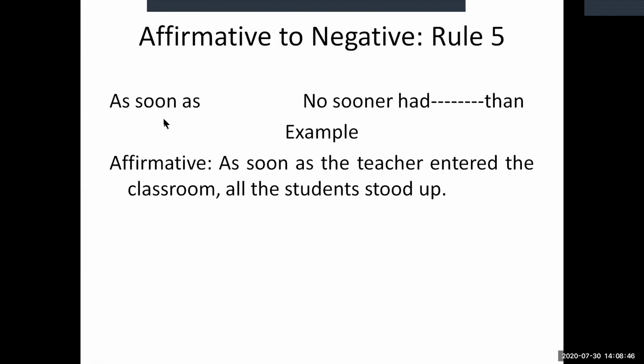So "as soon as" joins two past indefinite tenses. If a sentence is in past indefinite tense and has the connector "as soon as," we make the sentence negative by replacing "as soon as" with the phrase "no sooner had."